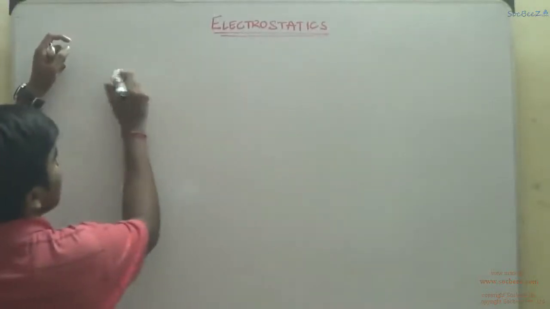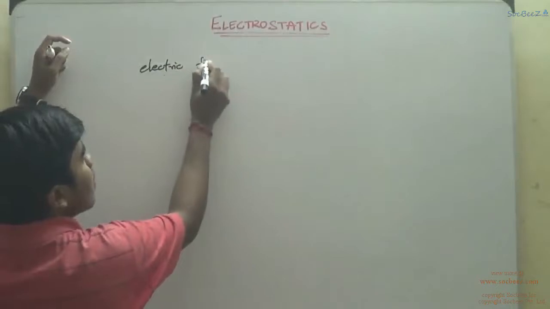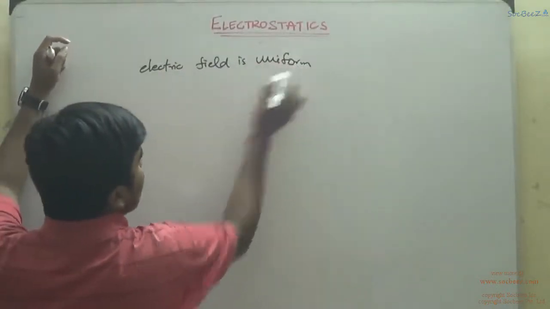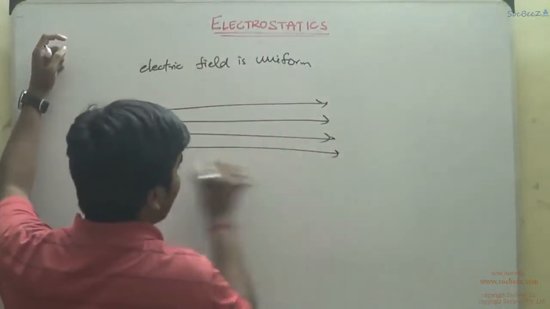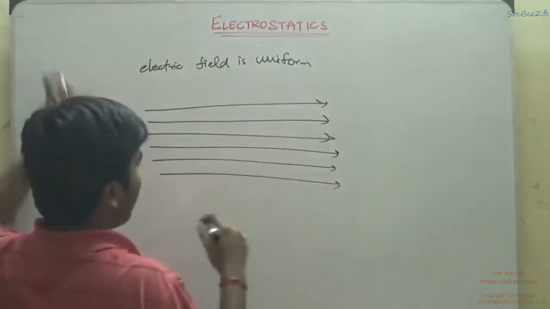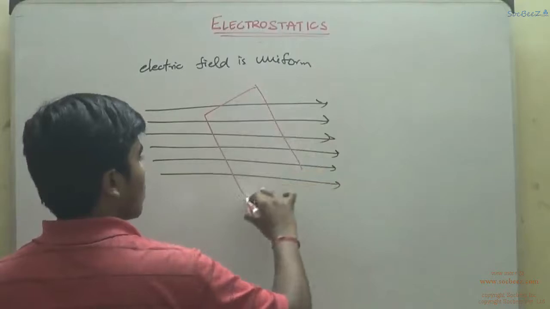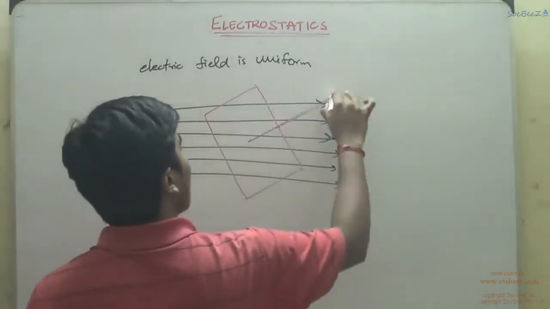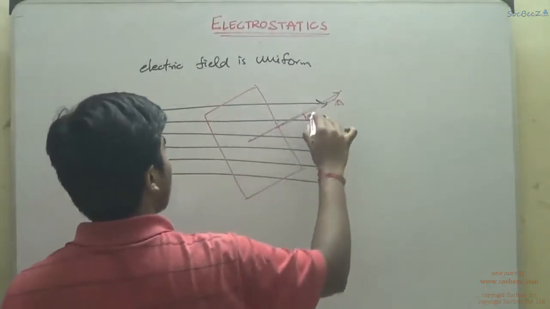Now let me tell you a very nice way to solve a few questions. Suppose we are given that the electric field is uniform, say it is this way, and we are asked to find out the flux through this surface. This angle being theta.